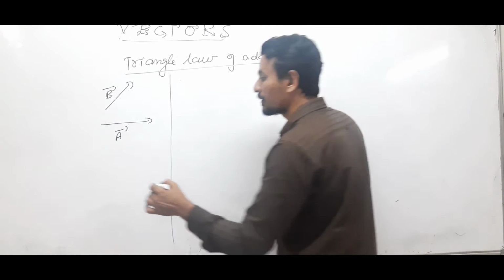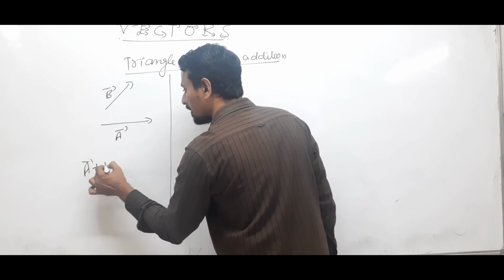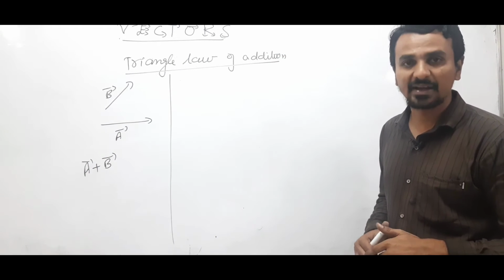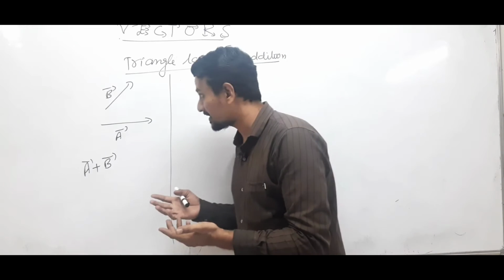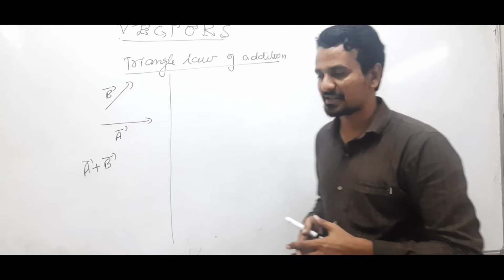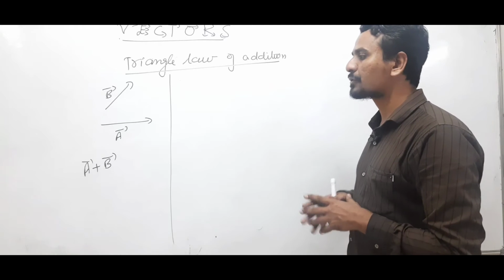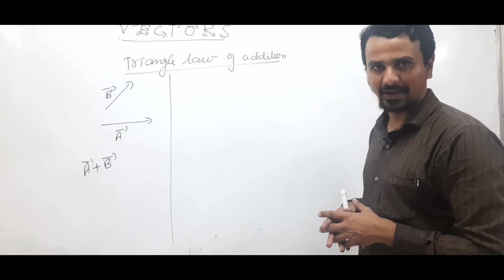You have been told to find A plus B. Both the vectors are not in the same direction. They are neither opposite nor parallel vectors. Both of them are non-zero.